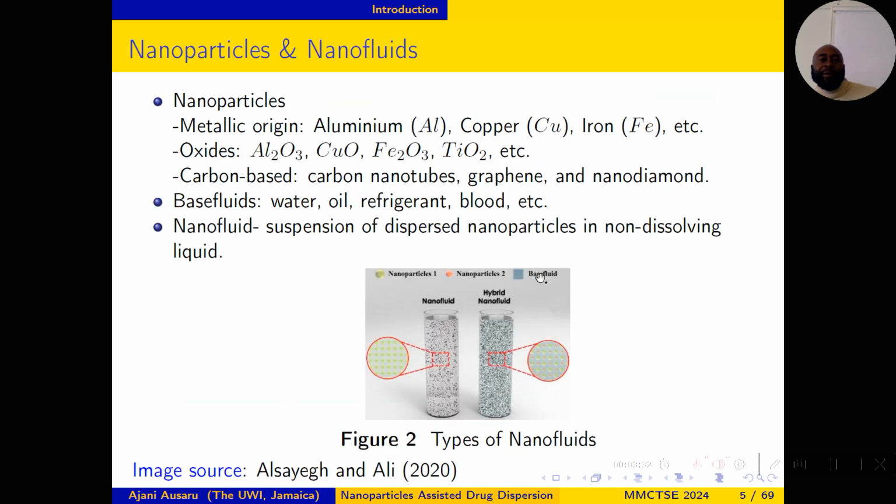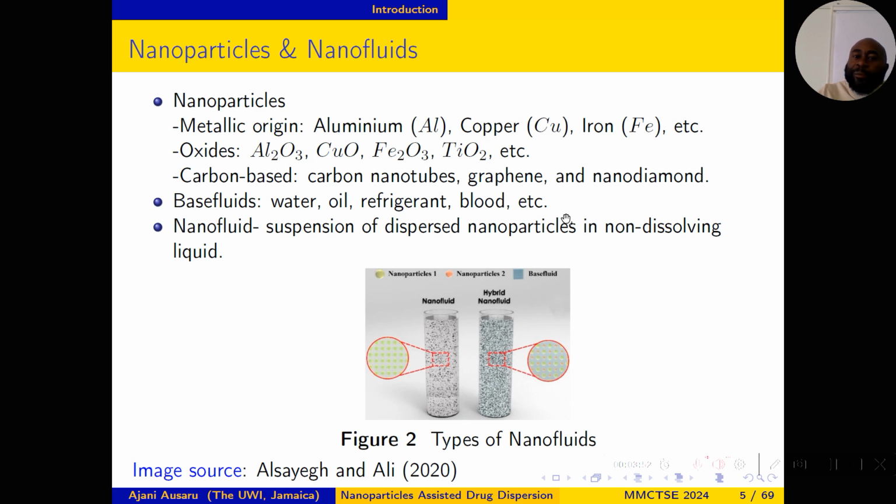As you know, there are many types of nanoparticles, a lot of them of metallic origin, and some are carbon-based. They're normally suspended. Nanofluids are very fine particles suspended in a base fluid, and some base fluids are water, oil, refrigerant, and ethanol, and so on.